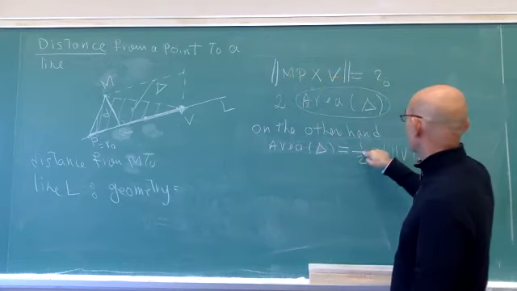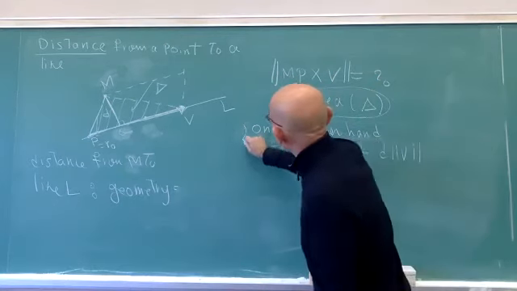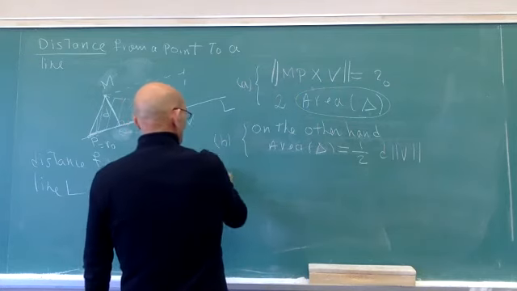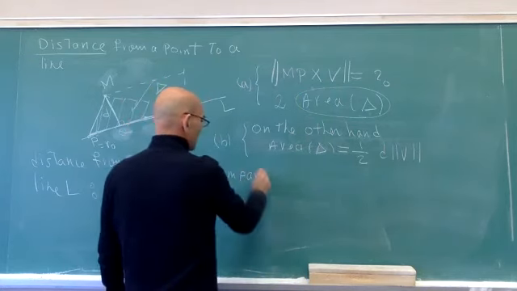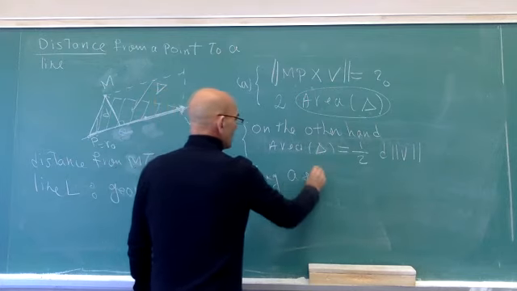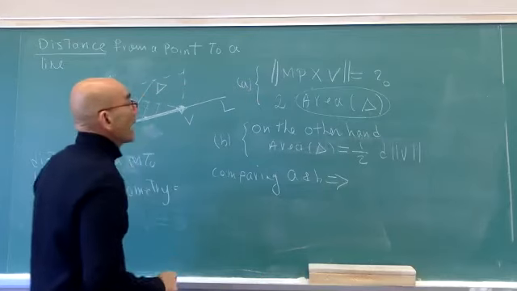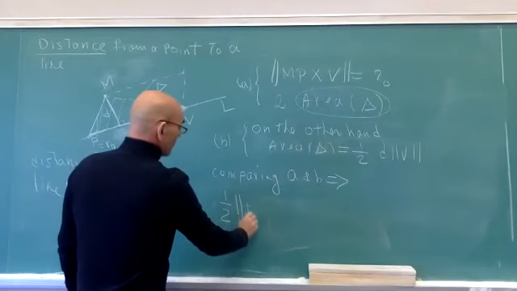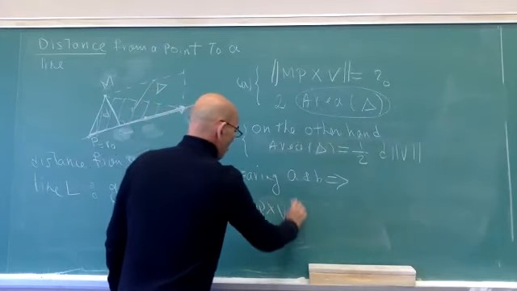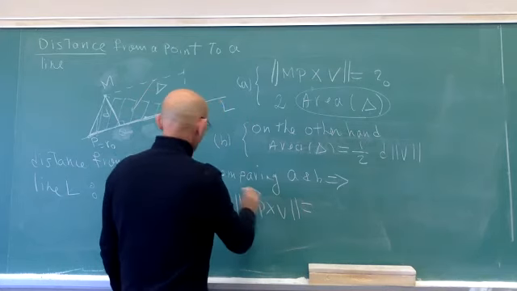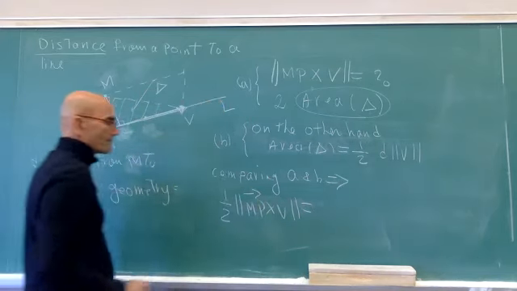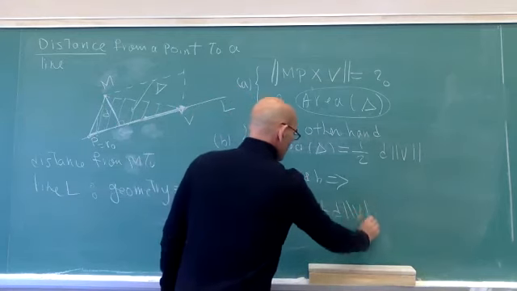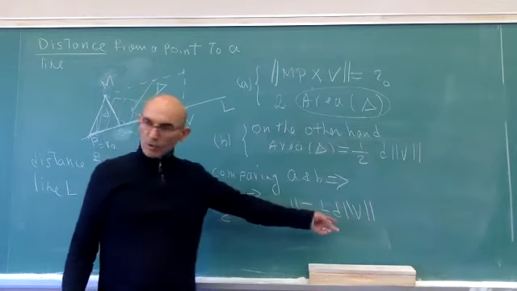A second method says that, so if you compare these two formulas, A and B, you do get indeed that 1/2 the length of the vector MP cross V is equal to 1/2 the length of your vector V times D. And D is what we wanted to know.